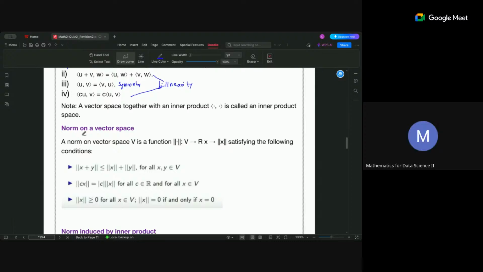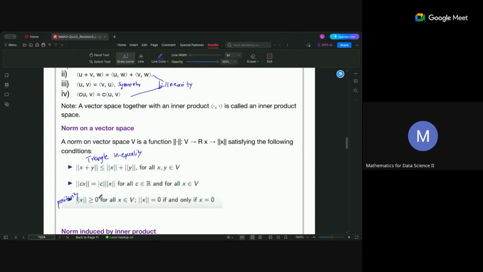Okay. So what is again the norm of a vector? A norm is a function from V to R satisfying the following conditions. The first property is very famously known as the triangle inequality. The last one is positivity again, and this is just a scalar property.